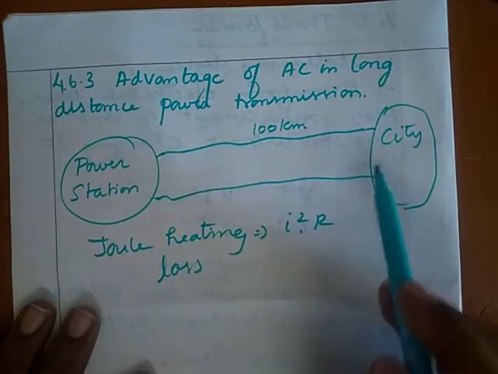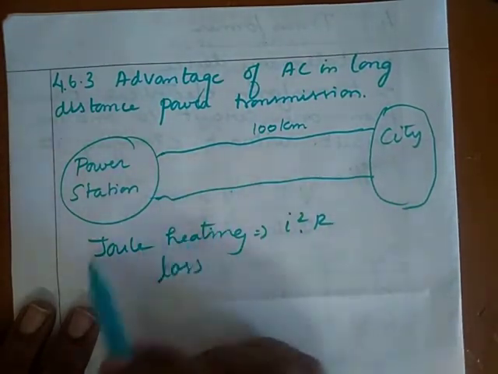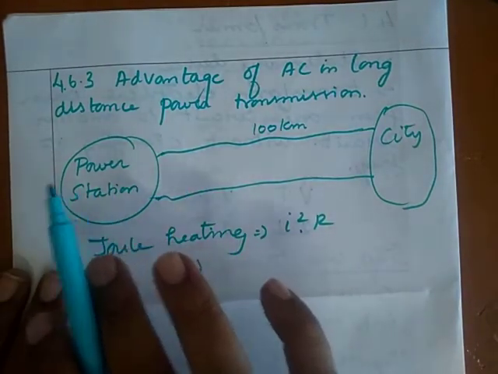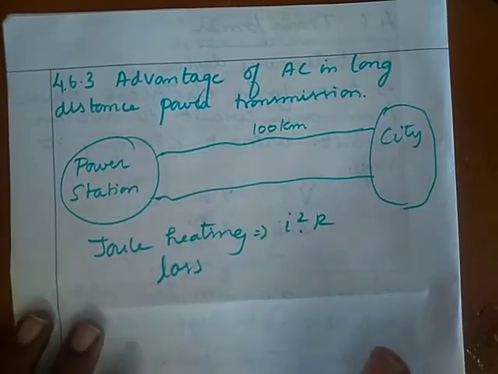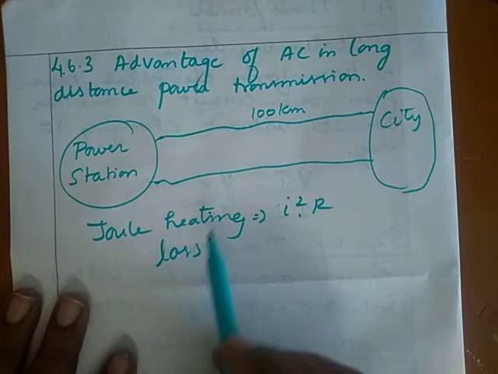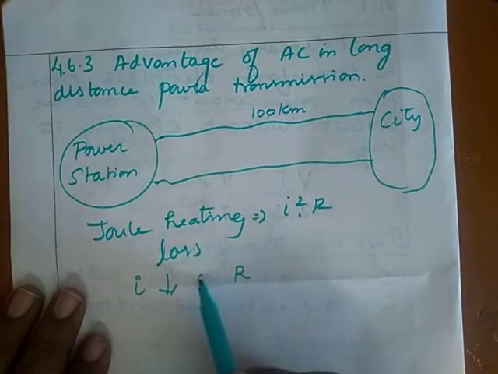If length increases, resistance also increases. If resistance increases, the Joule heating also increases. So we can't achieve the power whatever we want. In order to reduce the Joule heating loss, we need to decrease the current or resistance.